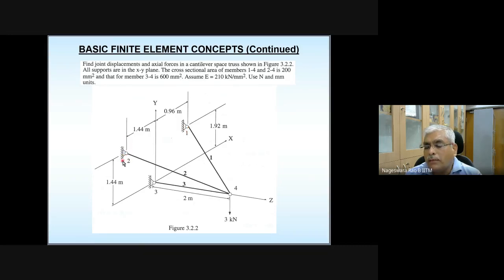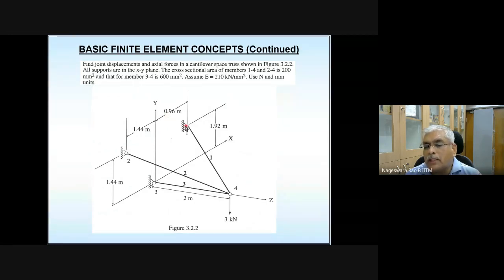Node 2, all degrees of freedom are 0. Node 3, all degrees of freedom are 0. Only node 4 is going to have some movement along x direction, y direction, z direction. So U4, V4, W4 are the only non-zero quantities.